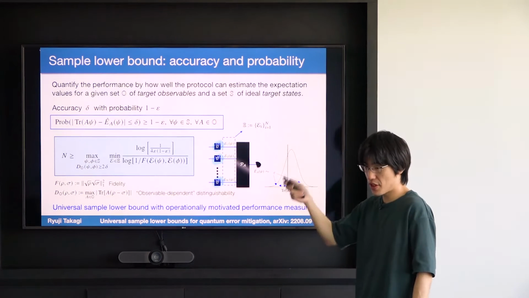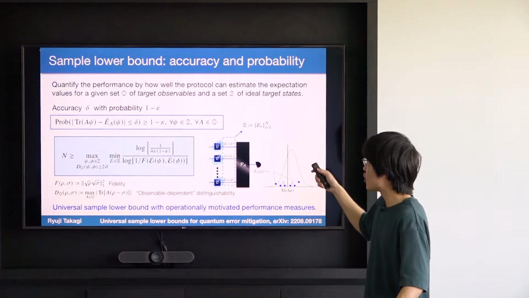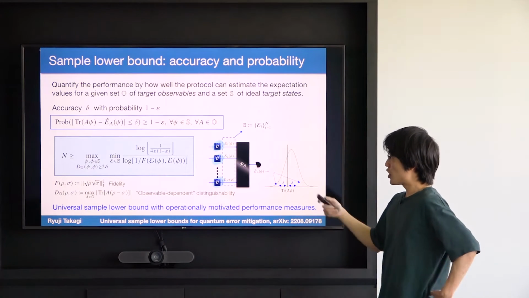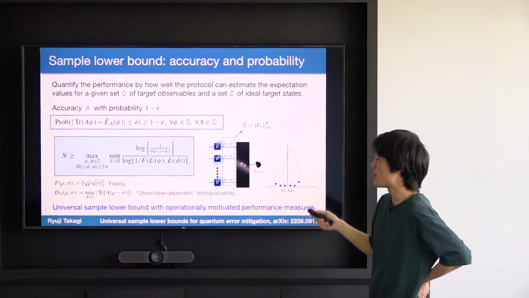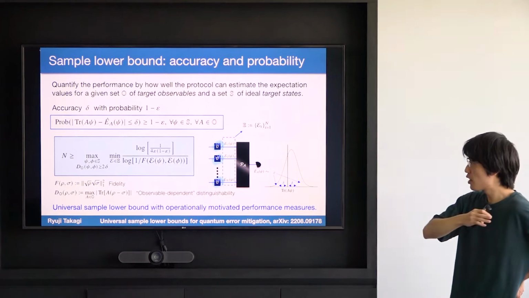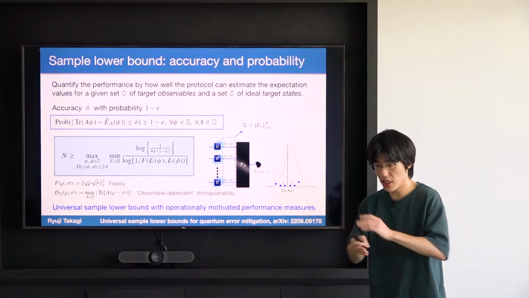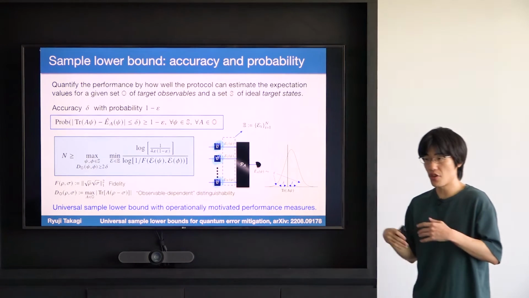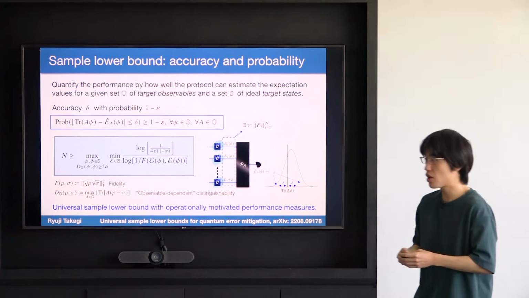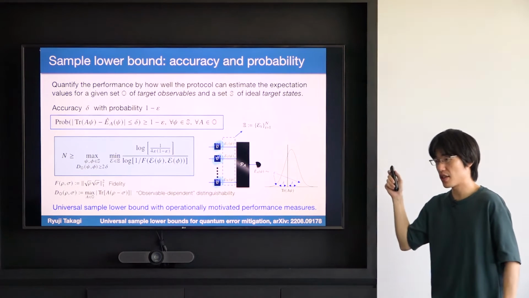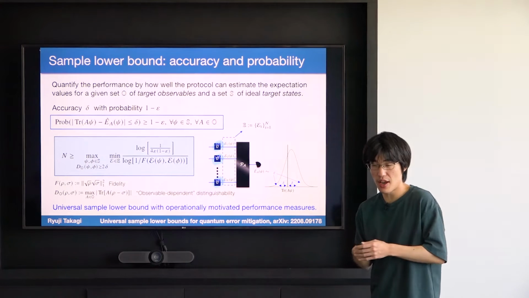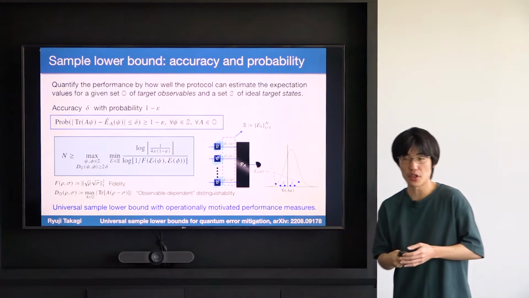And we're going to have such a sample lower bound for each scenario. So the first scenario, to set up the stage, we're going to quantify the performance by how well the protocol can estimate the expectation values for some set of target observables. So these are the observables for which the error mitigation is designed to work, designed to give you good estimates of, and also the set of ideal states, S. So this is, again, the set of states for which the error mitigation is designed to give you good estimates of.